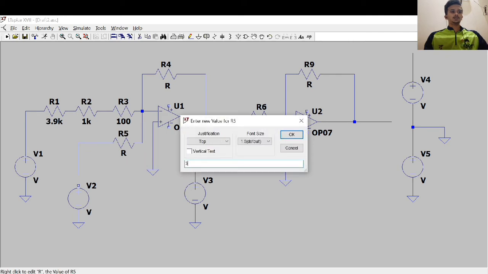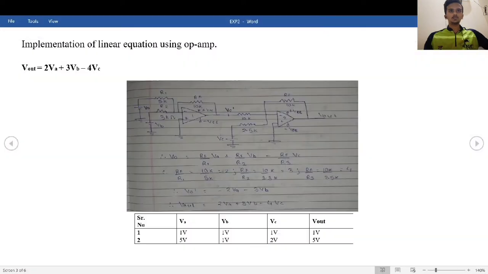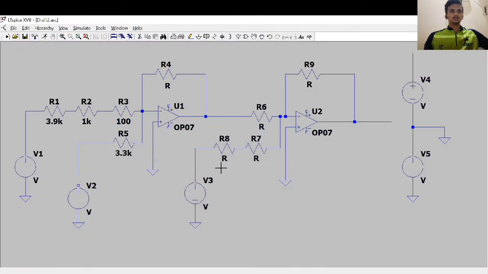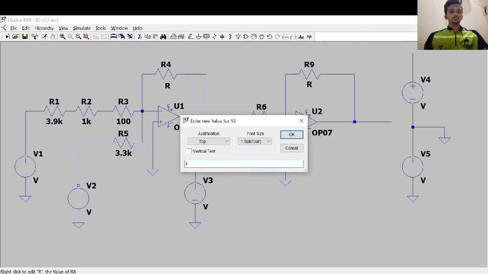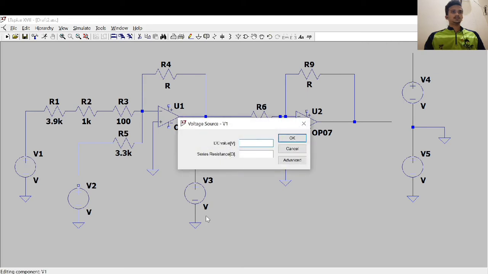Here we will take 3.3K. And we require 2.5K, so we'll take here 2.4K, and this will be my 100 ohm.